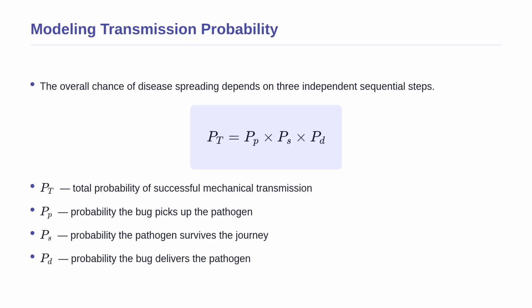P_P is the probability that the bedbug successfully picks up the pathogen while feeding. P_S represents the probability that the pathogen survives on the outside of the bug during its journey. Finally, P_D is the probability that the bug successfully delivers the surviving pathogen into the new host. If any of these individual probabilities decrease, the overall chance of transmission drops significantly.